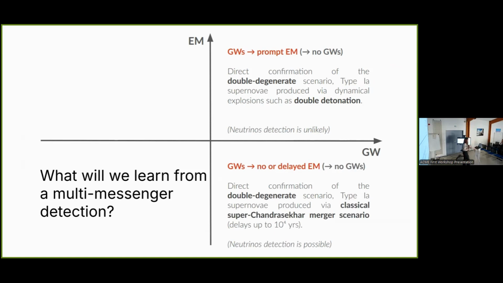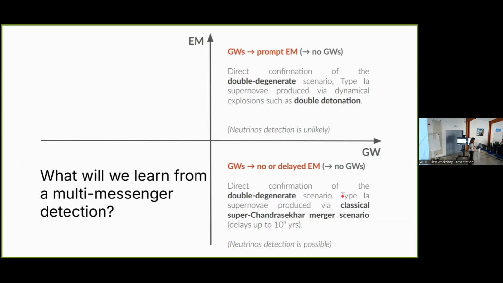However, there may be a scenario in which we see the monochromatic gravitational wave disappearing and then no electromagnetic or delayed electromagnetic radiation. This should again be a double degenerate scenario, otherwise we wouldn't see gravitational waves.